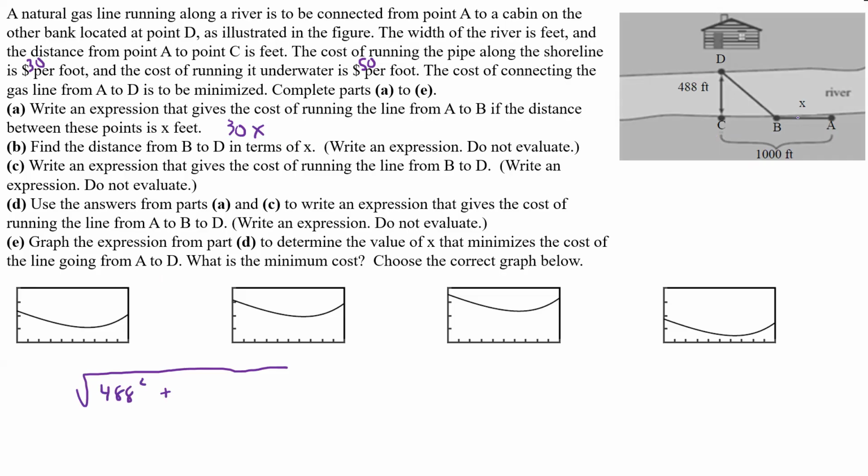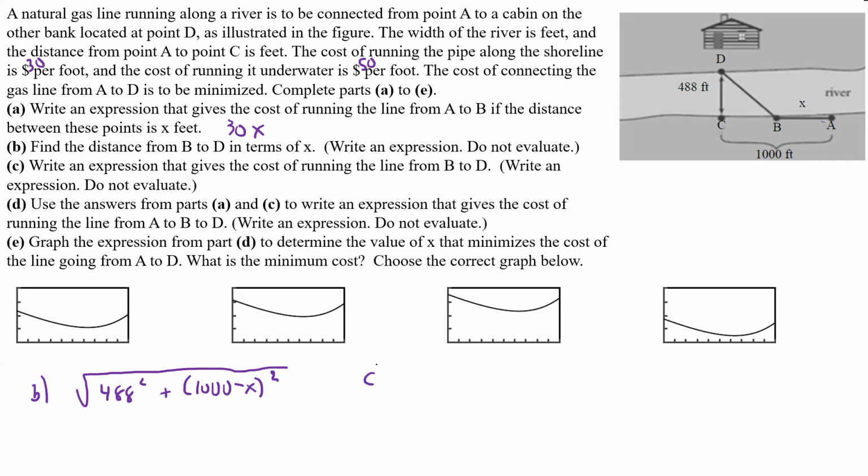That's 1,000, but we already took off x, so that's going to be 1,000 minus x squared. That's the distance from B to C, and then the distance from D to C is 488 squared. So the distance overall from B to D is going to be this, and they say just write the expression, don't evaluate it. So that's going to be B.